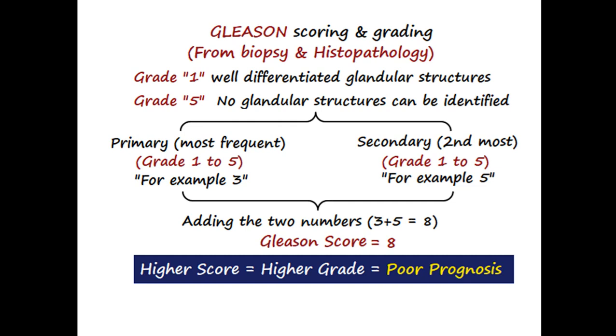Now, for example, if in the primary pattern we have the number 3, which is roughly a mildly differentiated glandular pattern, and if in the secondary pattern we have the number 5, undifferentiated, poorly differentiated glandular structures, we add these 2 numbers from the primary pattern and from the secondary pattern, and then we get the Gleason score.